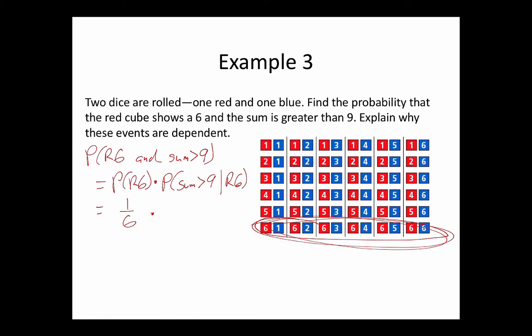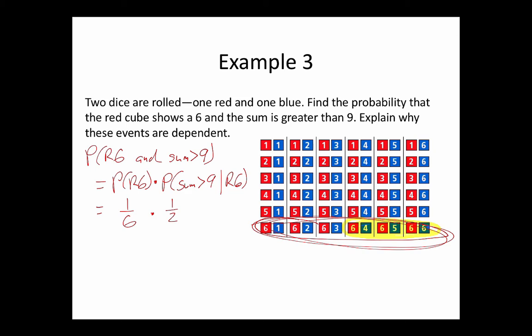Of those numbers, 3 of these sets have a sum greater than 9, my apologies. So 3 out of the 6, in other words, half of those options.